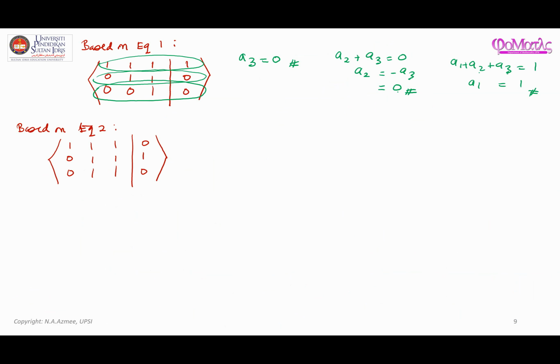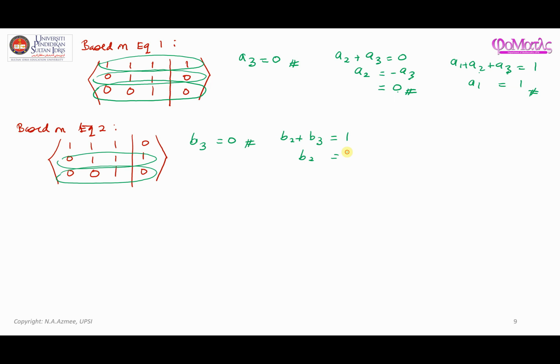So what we can have is here, sorry, this is 0, sorry, 1 0. Now based on this, you can clearly see that for the first one here, B3 is 0. Next is this one. We have B2 plus B3 is equal to 1.